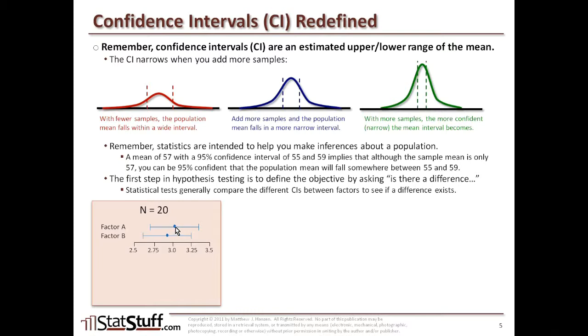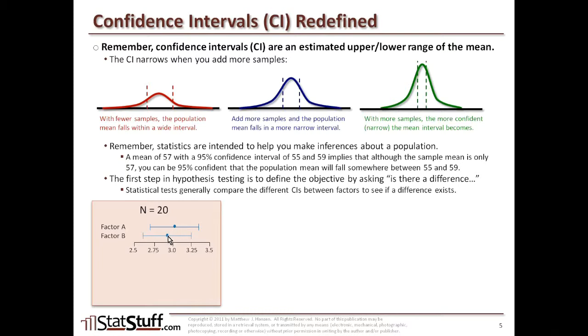So for factor A, the average actually falls just above 3, maybe like a 3.05 or something like that. And the confidence interval here shows that the population mean actually could fall as low as maybe 2.7, or it could be as high as, in this case, maybe like a 3.3, somewhere within this range, even though the dot represents where the mean falls.